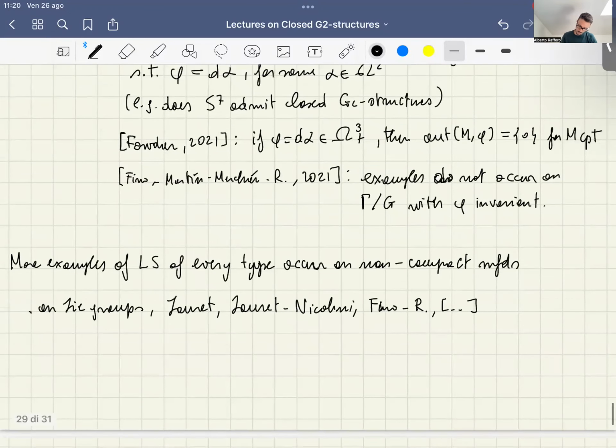And all of these examples are given by the so-called semi-algebraic solitons, so let's say of algebraic nature.